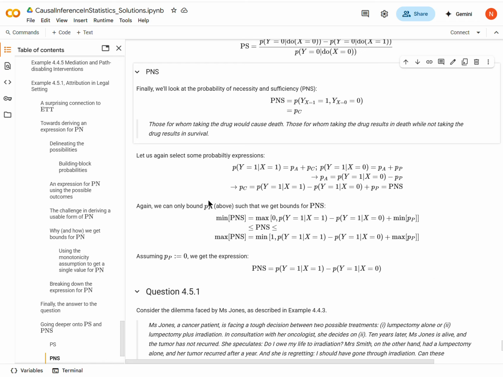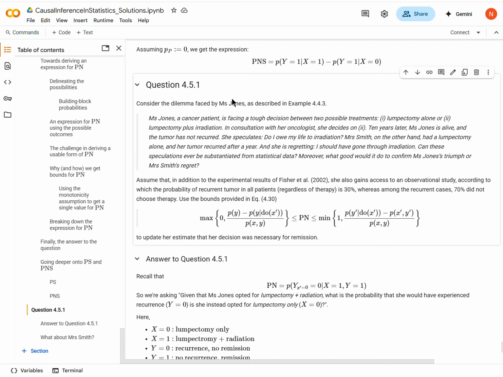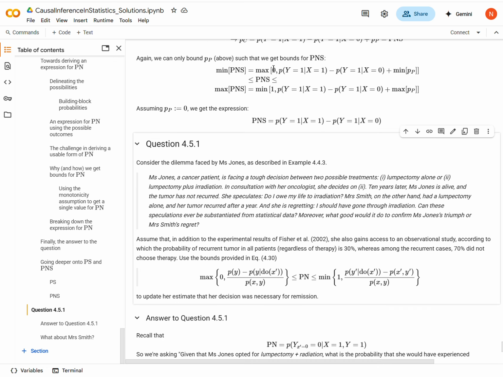And so once again, we can find boundaries for PNS, and if we apply the monotonicity assumption on PP, then we get this expression right here. Or if we would have started with do expressions instead, then we would get a different expression, and so on and so forth. But this would be one acceptable expression for PNS. Okay, we will call that good and then get into question 4.5.1 in the next video.